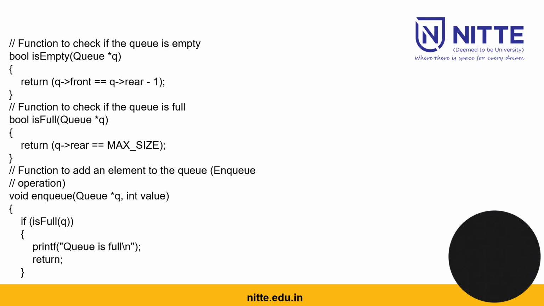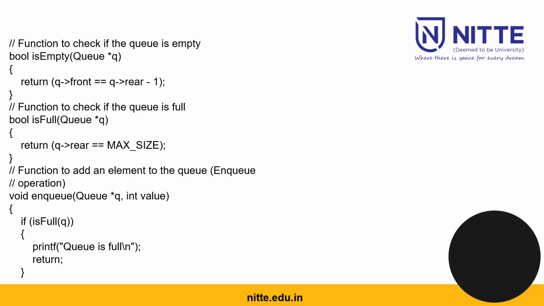Then we will take another function to check whether the queue is full. So for that I will use the function isFull. It is of type boolean. That means it will return 0 or 1 value. So that is why we call them bool. Here also the same. So here bool isFull q star q, and it will return if q implies rear is equal to max size -1.